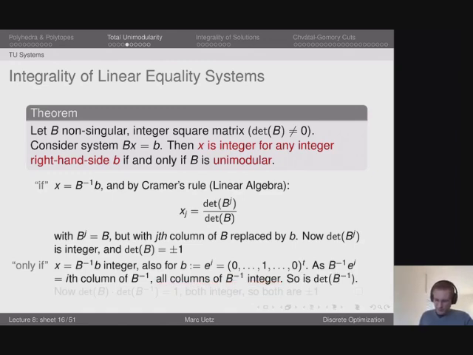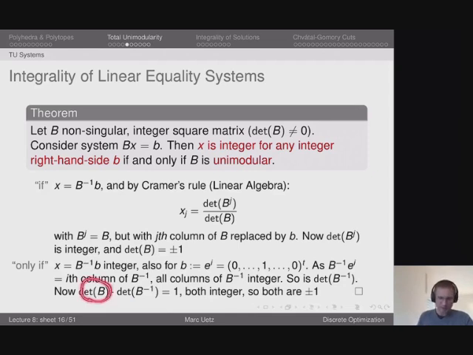So therefore, the determinant of this inverse is also going to be an integer value. And now we know from linear algebra that the product of the determinant of a matrix B with the determinant of its inverse is going to be 1. Now we argued that this is an integer value.